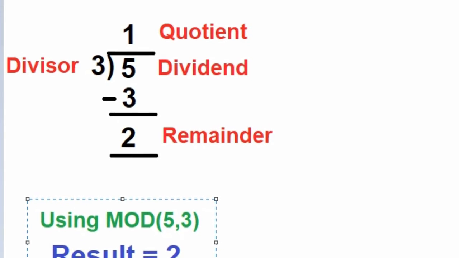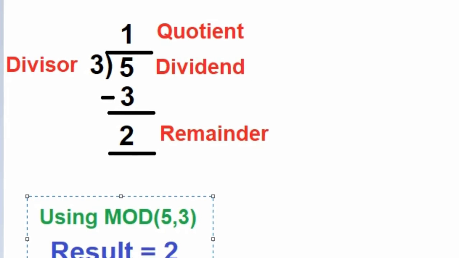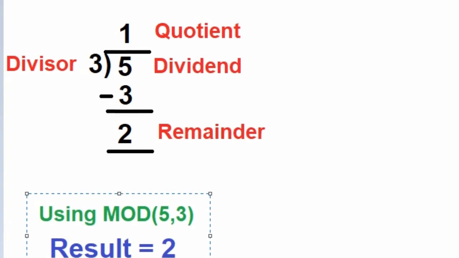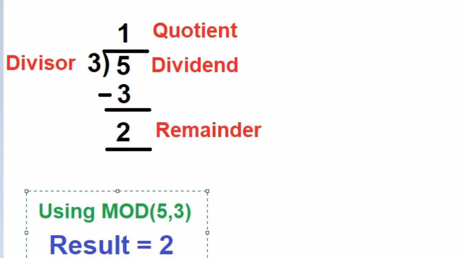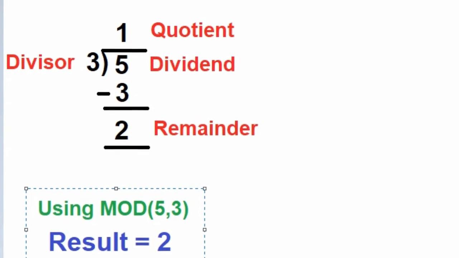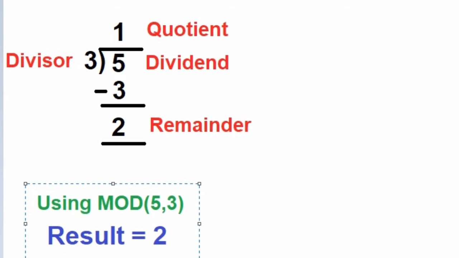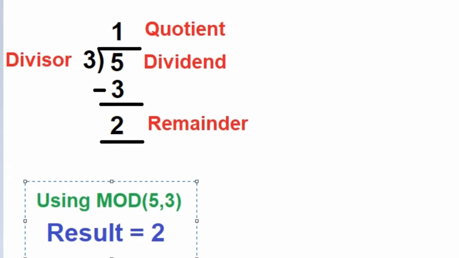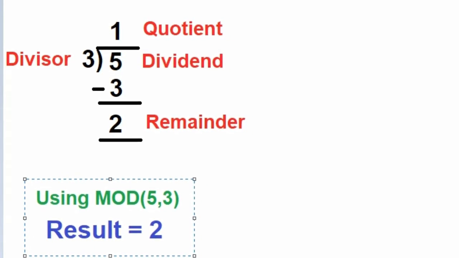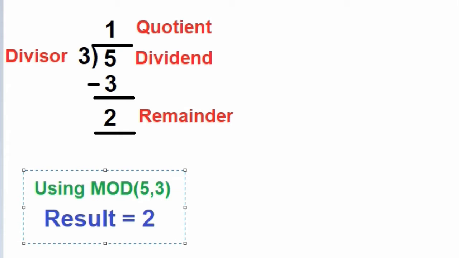To understand it better, let's look at the typical division we used to do in our school times, dividing 5 by 3. Here 5 is the dividend, 3 is the divisor. What we get out of the division is remainder 2, and the same is returned by the MOD function.